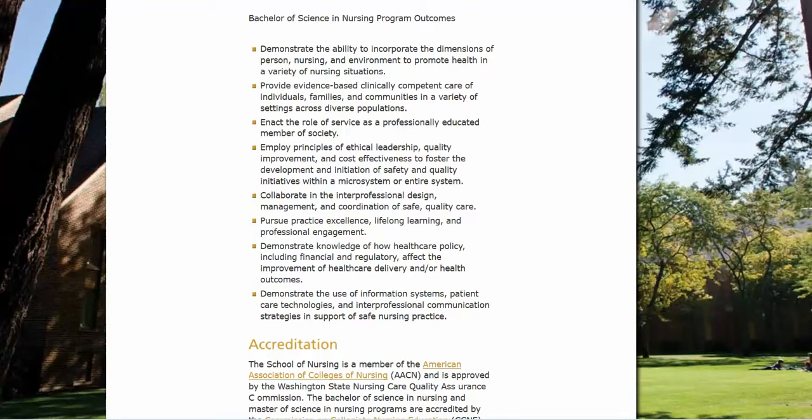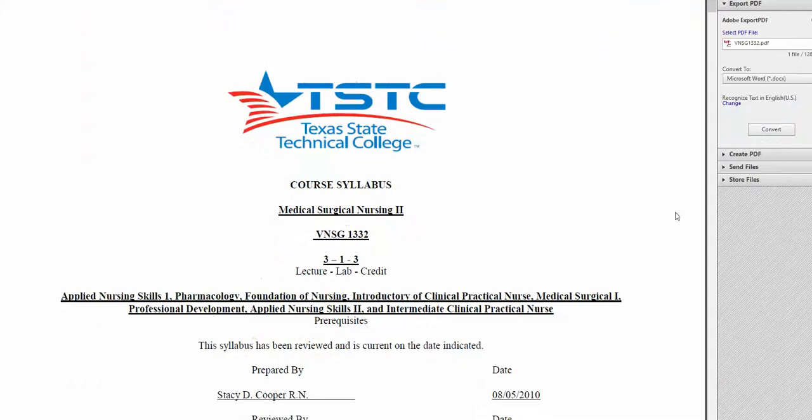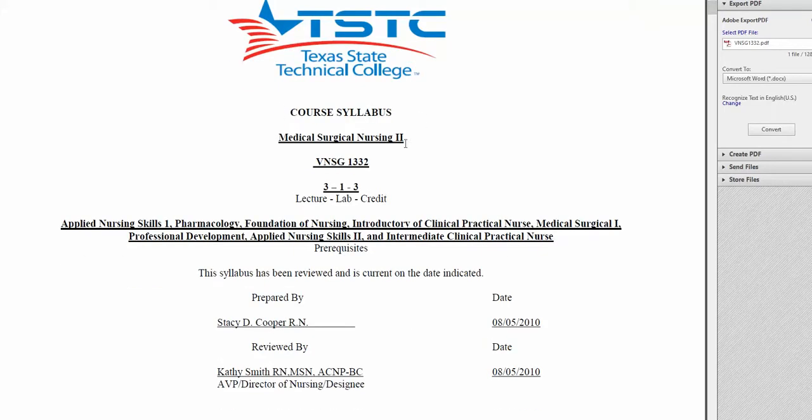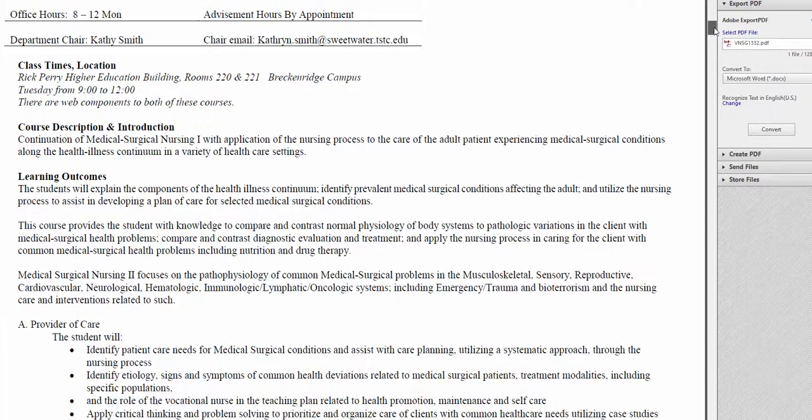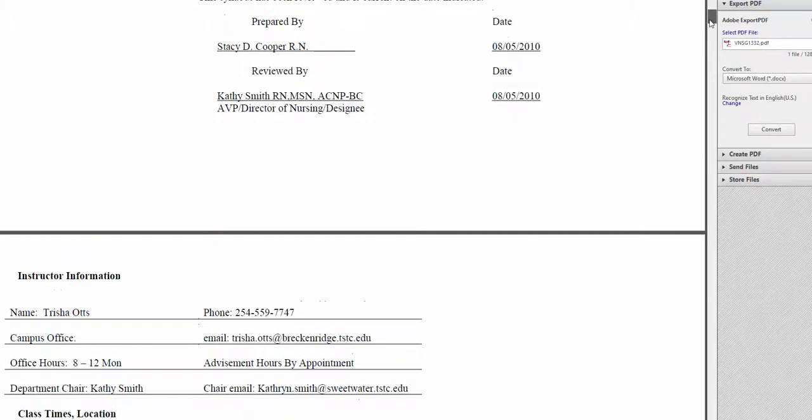Here is an example. Texas State. Again, I just kind of arbitrarily found this. This is a syllabus, and it's for a medical surgical course, just like in your question. So we know we have a course description. You learned all about that in curriculum. The learning outcomes are identified. Now, these are the course outcomes for this medical surgical course.